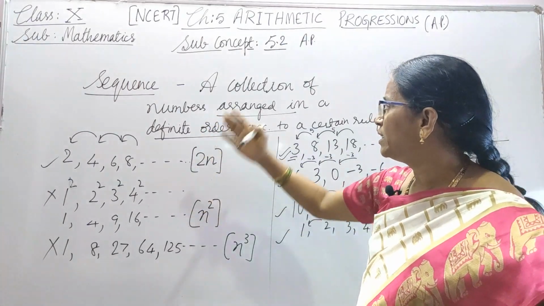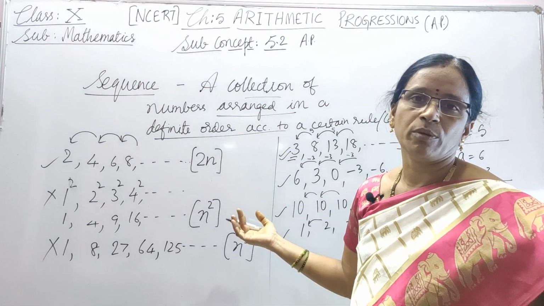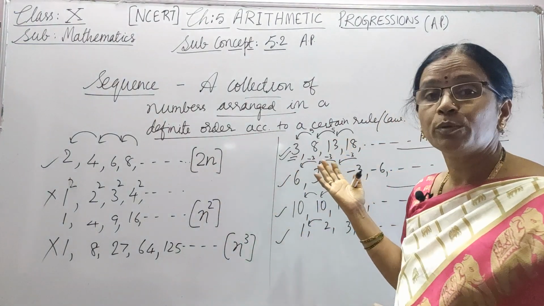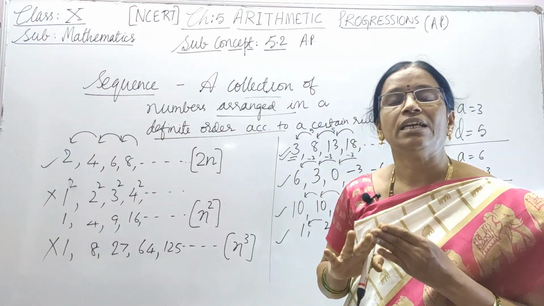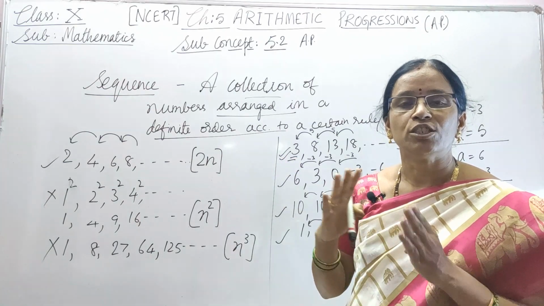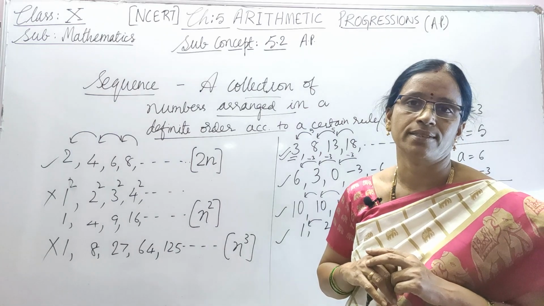Any collection of numbers arranged in a definite order becomes a sequence. But an arithmetic progression is a special sequence in which the difference between any term and its preceding term is always a constant. That constant is called the common difference, right?